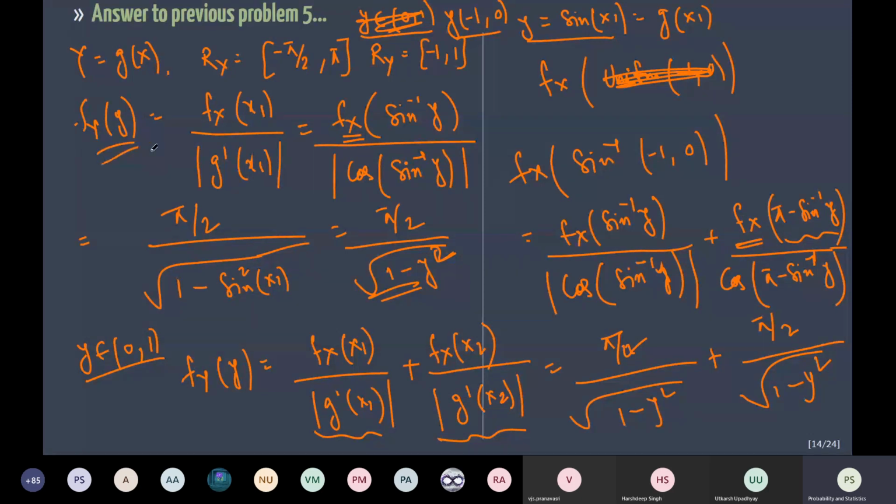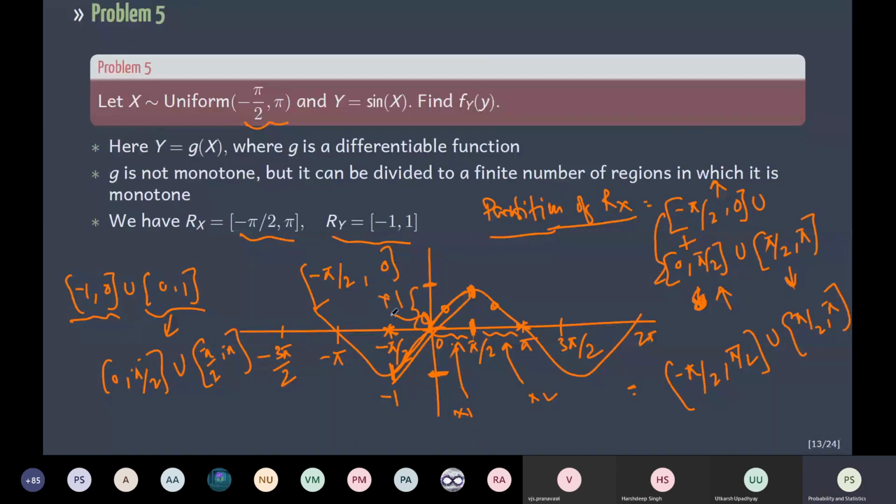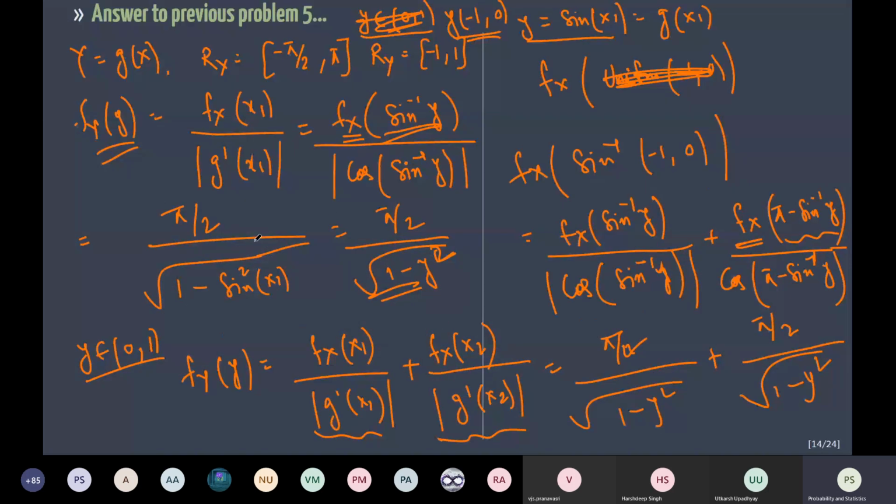For the part between minus 1 and 0, we have the PDF of x1 divided by this, where x1 is sine inverse y. We found that the sine inverse y range is on the left side between minus pi by 2 and 0, right? So from there we compute the uniform. And then for 0 to 1 we found that there are two parts.